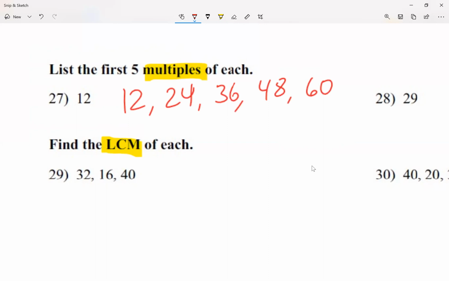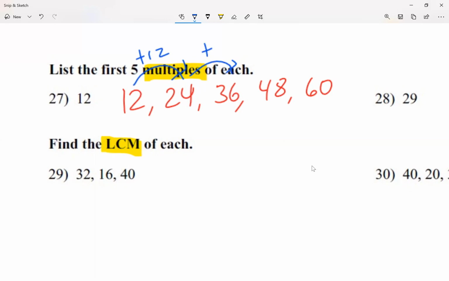So that's it. I found the first 5 multiples. To be honest, the list of multiples could go as far as I need to go. That's why I'm asking only for the first 5. Okay. Another way you could have seen it, because we learned that multiplication is repeated addition. So we start with 12, and each time we add 12 more, right?